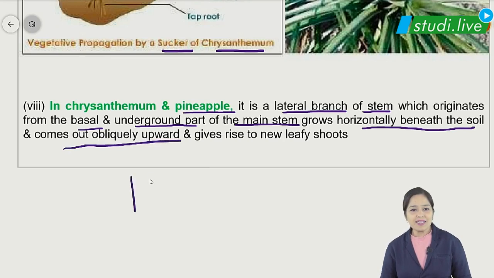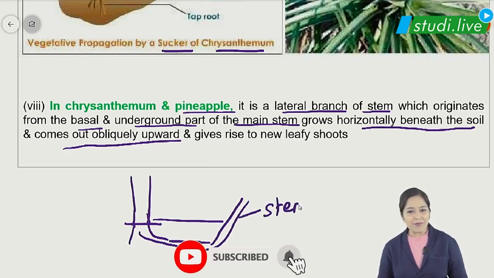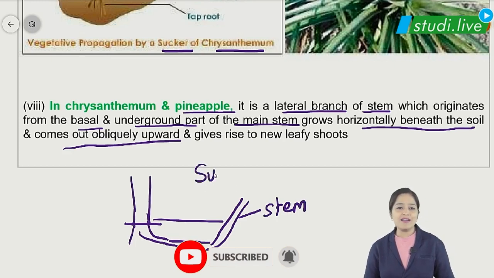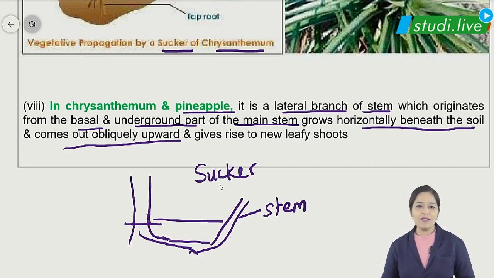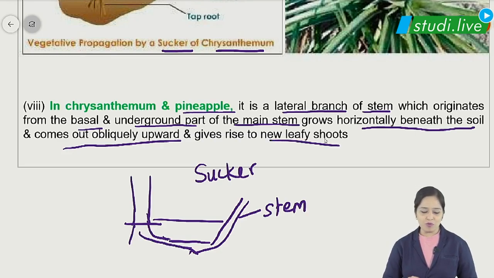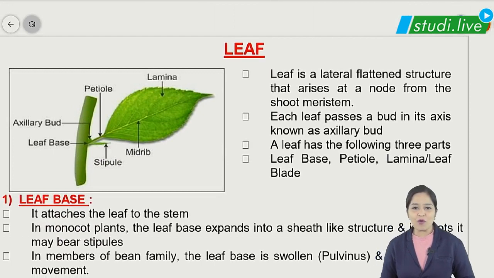This is the modification of the stem, known as the sucker, wherein the stem first grows horizontally below the soil and then comes out obliquely, giving rise to new leafy shoots. So let us move on to the next part of the plant, which is the leaf.